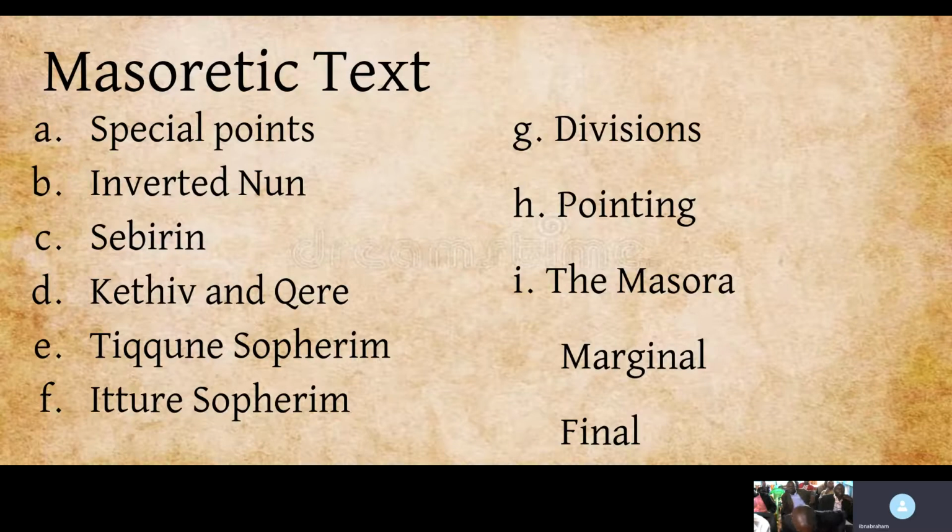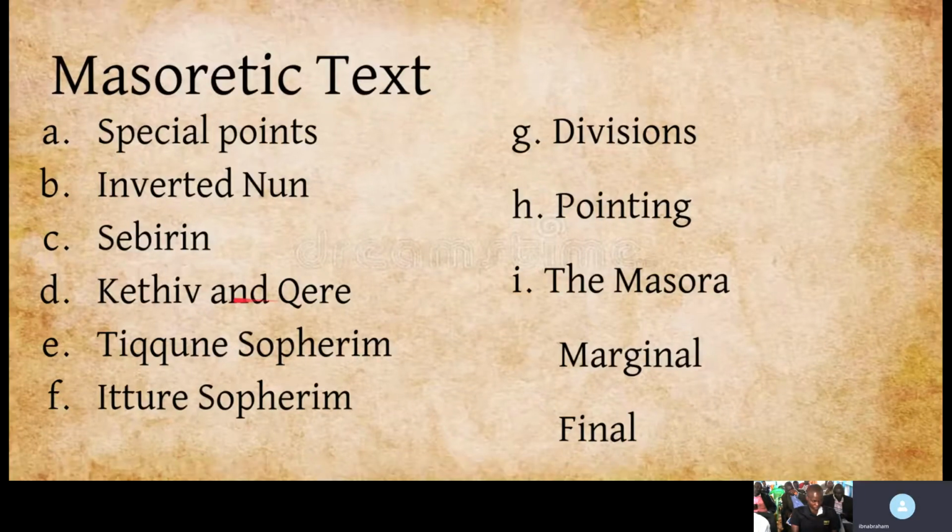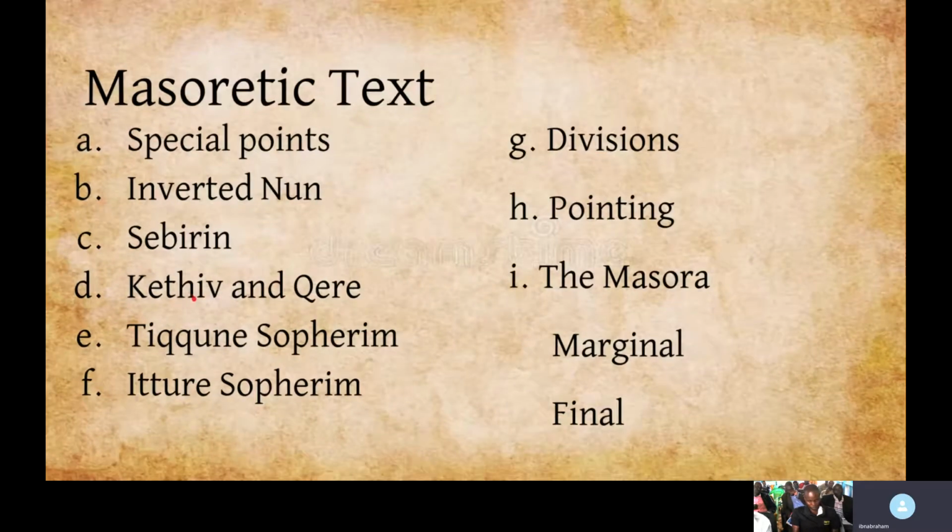The distinction was made between the kethiv, which is the written form, that's what this word is, and the kare, what was supposed to be read out loud. So the kare would be put over in the margin. The kethiv would stay in the text, but it would be marked somehow by the Masoretic text. And we'll take a look at an example of this in a little bit too.